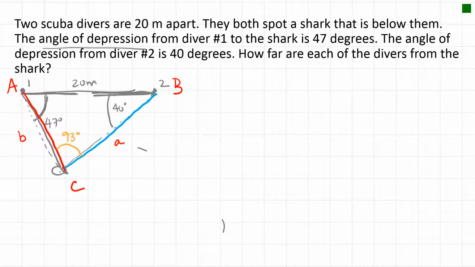So now I've got the makings for using the sine law. So 20 over the sine of 93 degrees. I'm going to put the lengths on top because those are the unknowns, and I'm going to first calculate b. So b over the sine of 40.